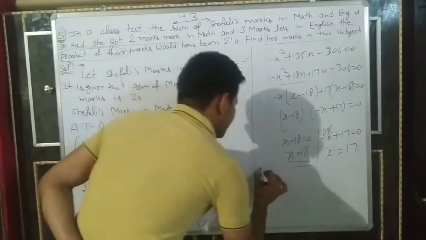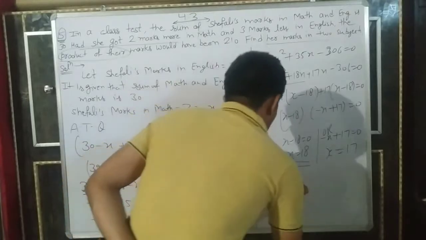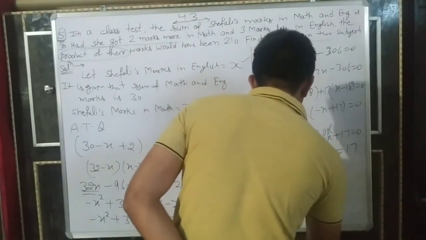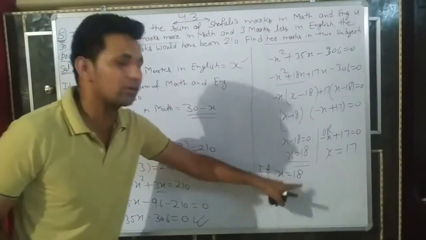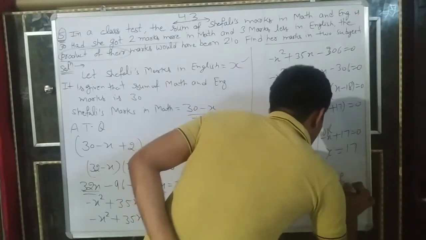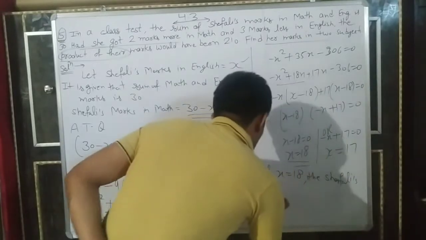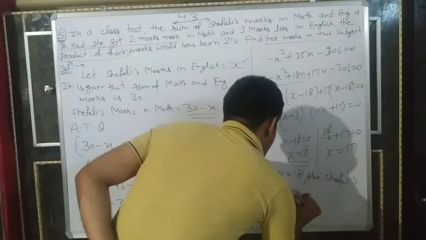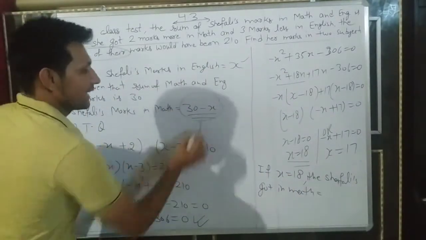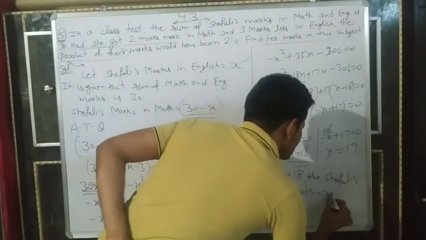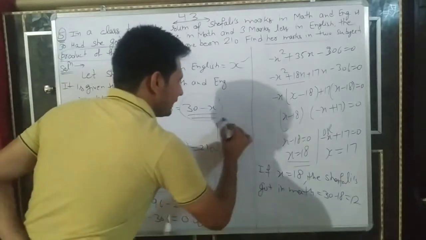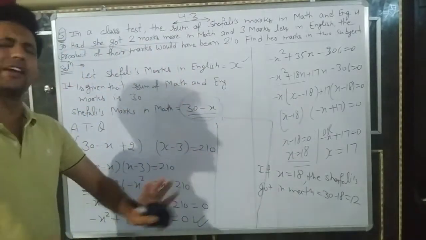If, so you will write, if x equal to 18, then Cephal's got in math, how much in math? 30 minus x. So 30 minus 18, how much is it? 12.